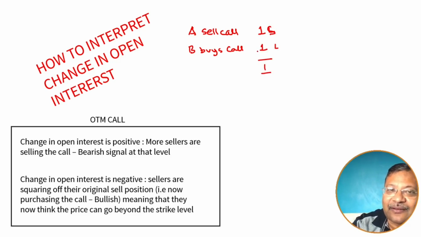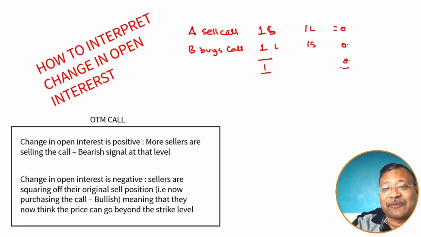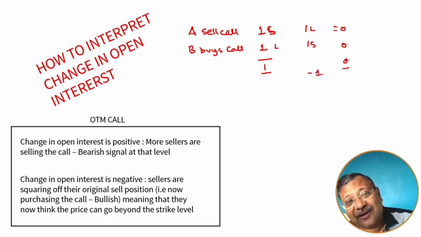Now suppose the next day they both square off their position. That means A goes 1 long and B goes 1 short. What is the open interest now? The open interest here is 0. That means as far as change in open interest goes, it's -1. Yesterday the open interest was 1 and today it has become 0.